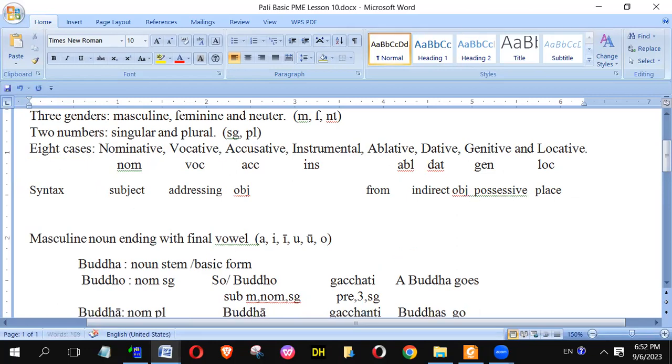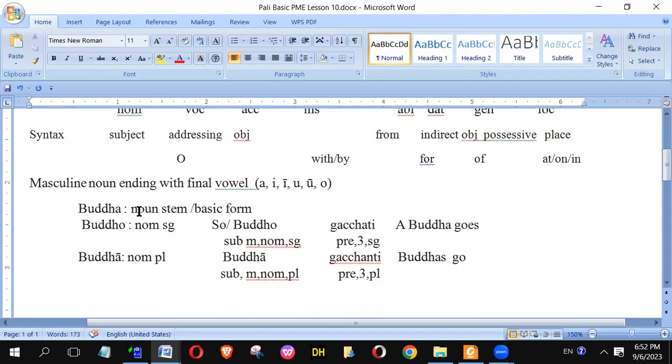This is a subject, which we translate as 'old monk' or whatever. Accusative is the object. Instrumental we translate with the word 'with' or 'by'. Ablative is 'from'. The dative uses the word 'for', genitive uses 'of'. Locative is a place, like 'at', 'on' or 'in'.